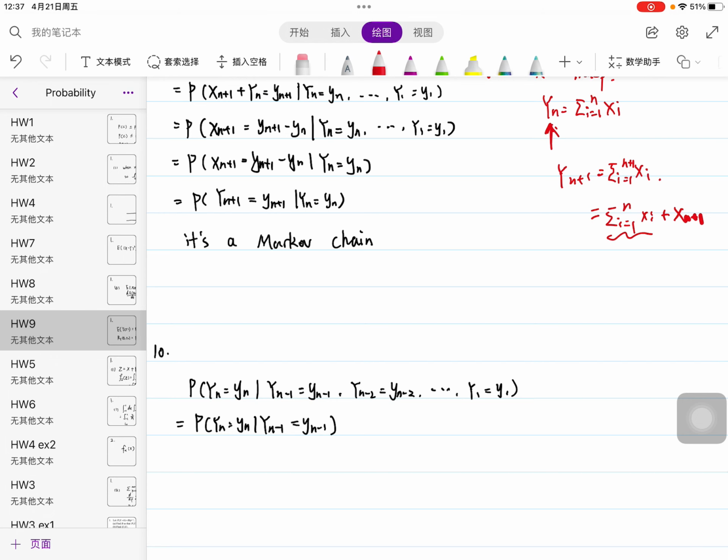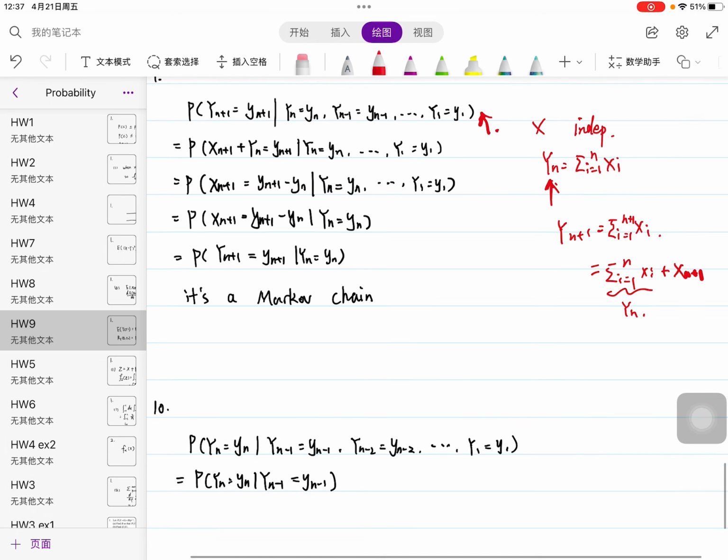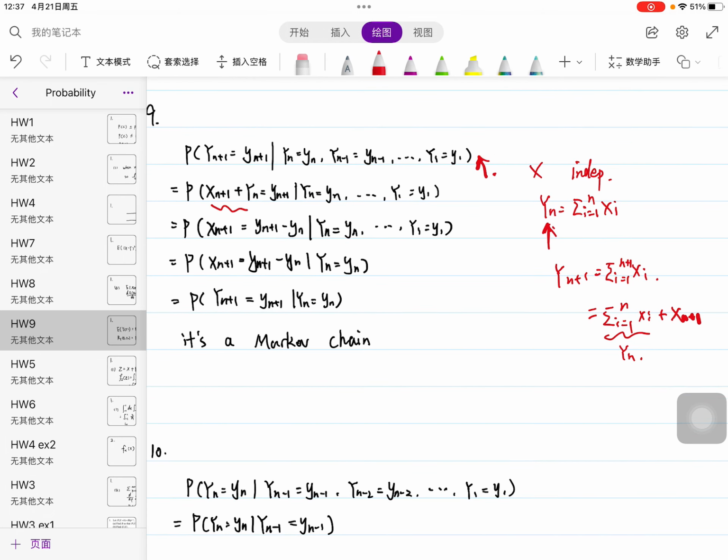And this term is equal to Yn. So we could write Yn plus 1 as Xn plus 1 plus Yn.